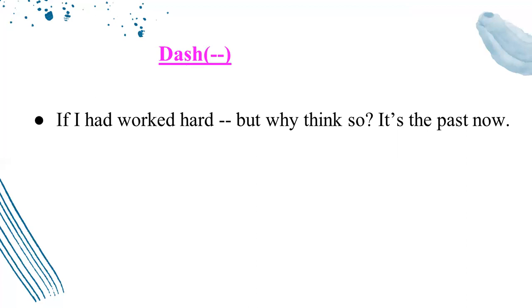So a dash has been used here. In the sentence, there is a sudden change in thoughts. Okay. Now, one question may arise in your mind. What is the difference between hyphen and dash? Hyphen is shorter and dash is a bit longer. This is the difference between these two.